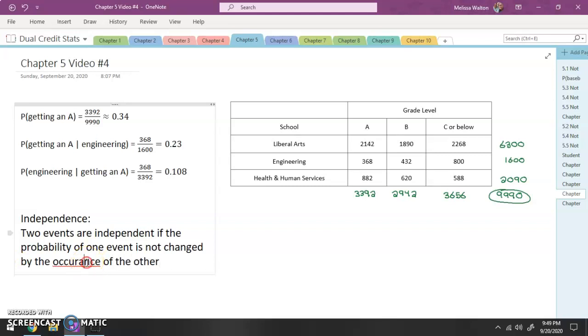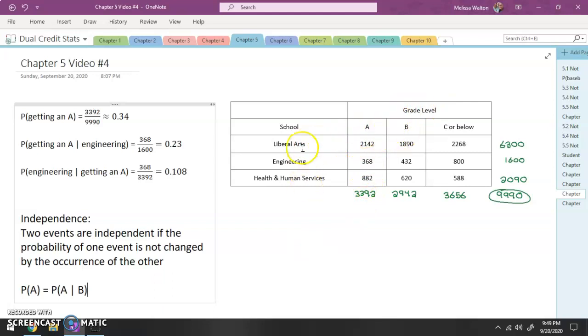Oh, goodness. How embarrassing. Occurrence, two R's and an E. Independence: two events are independent if the probability of one event is not changed by the occurrence of the other. And in math terms, the probability of A should be equal to the probability of A given B.